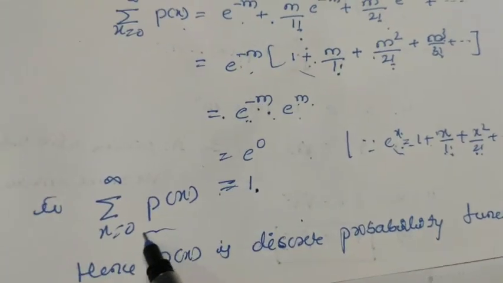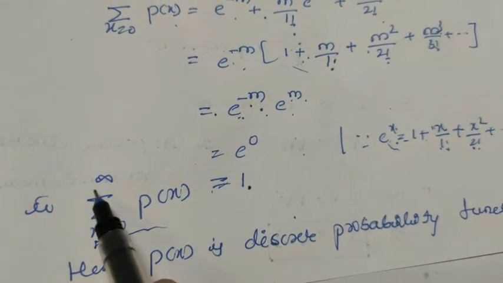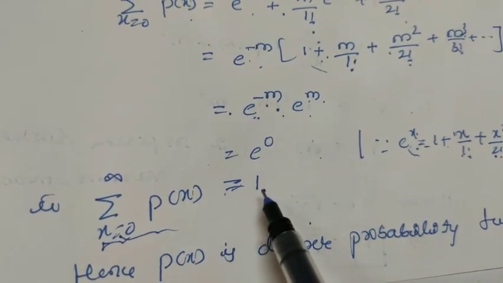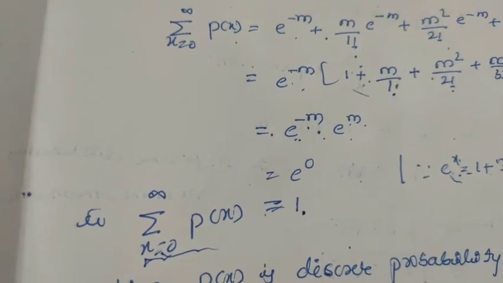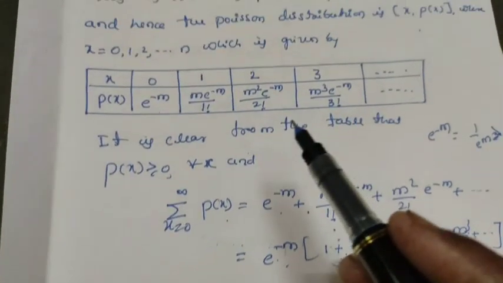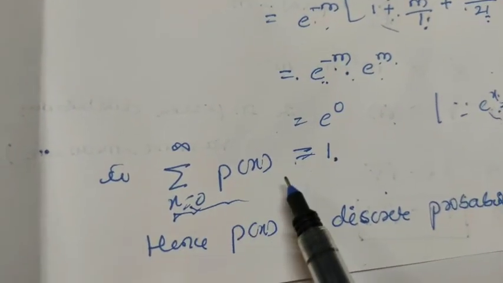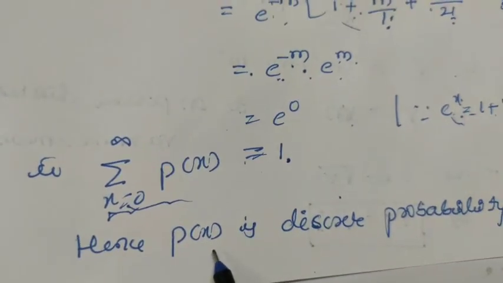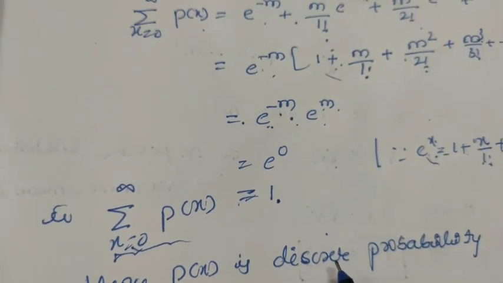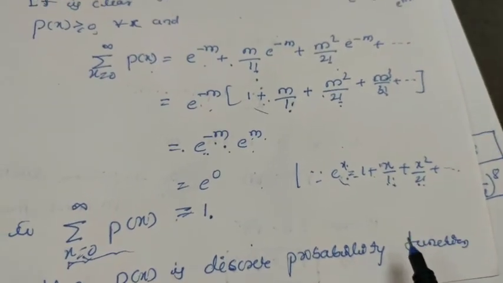So sigma x equal to 0 to infinity p of x is equal to 1. This is the second condition of a discrete probability function. The first condition is p of x is greater than 0, and sigma p of x is equal to 1. Hence we can say that p of x is a discrete probability function.